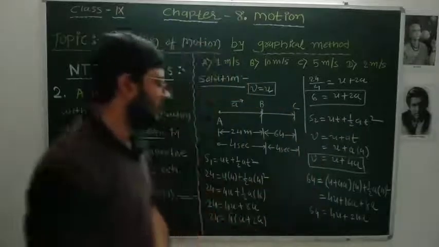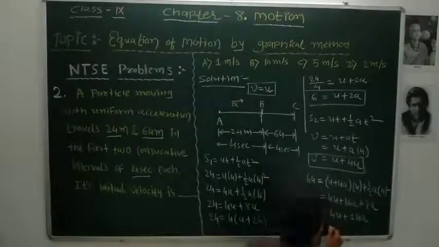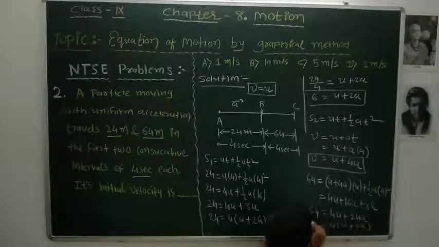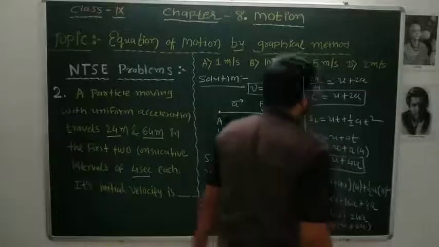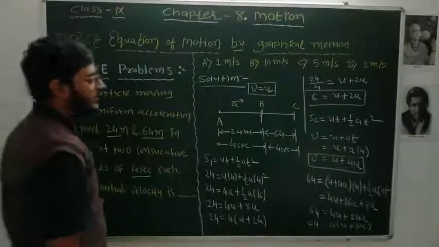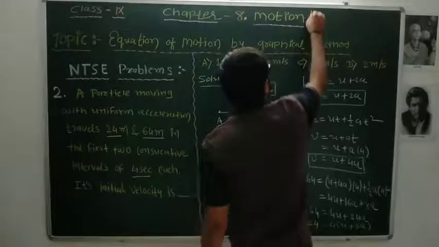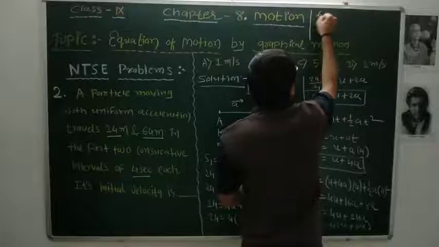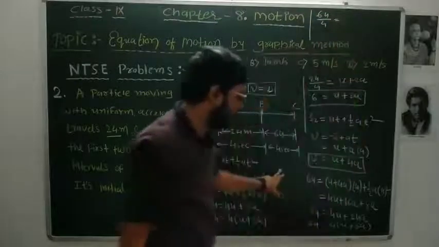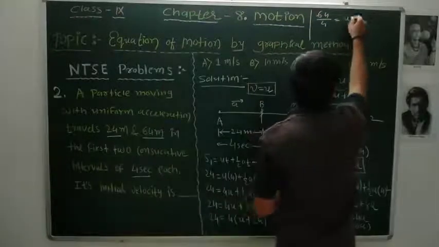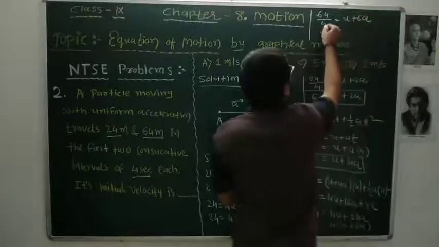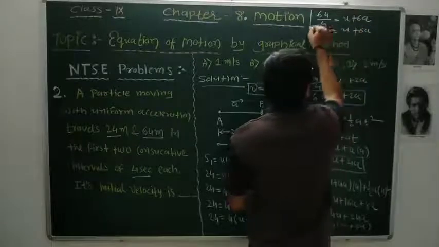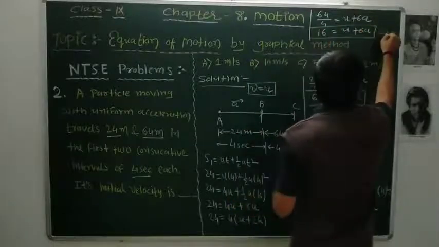Now we take 4 common from both the terms. So 4u plus 6a... finally we get 64 by 4 is equal to u plus 6a, that is 16 equals u plus 6a. This is our second equation.